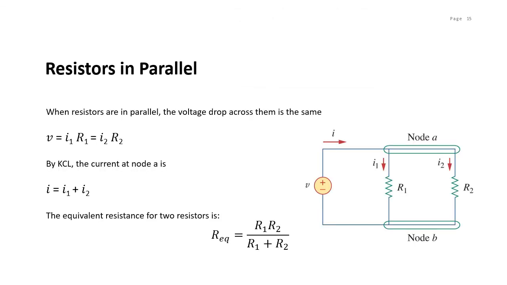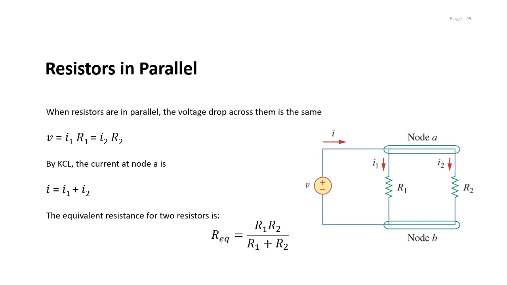Consider this circuit here where we have two resistors connected in parallel, and therefore they have the same voltage across them. If we use Ohm's law, then you can get this equation here, and applying KCL at node A gives the total current I as I equals I1 plus I2.